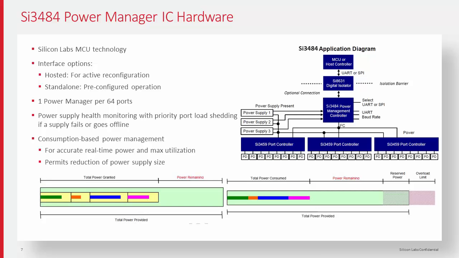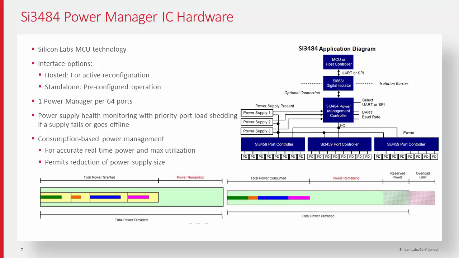That product, that 84, can be burned with information specific to that system so that it can come up and provide a completely autonomous Power over Ethernet solution to the customer, which is great, especially when the customer is looking for a very simple, low-cost switch and wants to add this functionality on top of an existing product line with little additional IP investment. So that's the first value add it has.